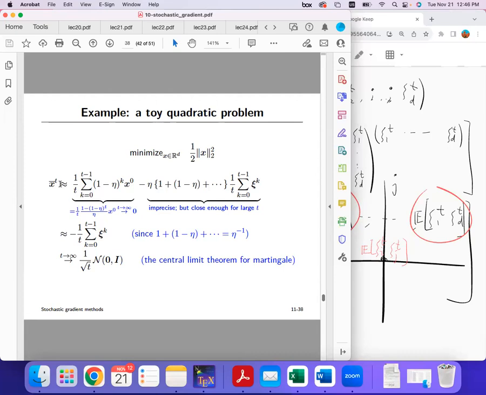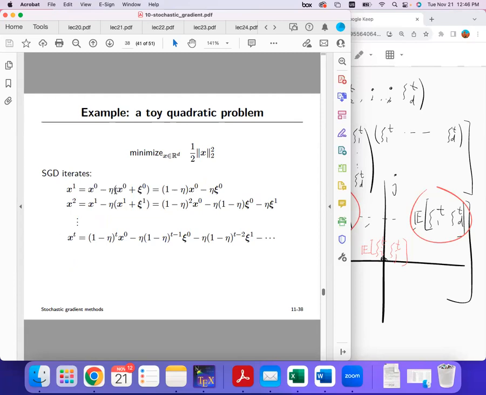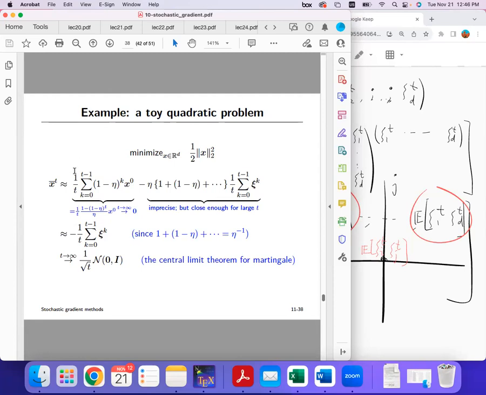And this is an approximated result because the original expression can be highly complicated. But the first term is exactly the average of the first term here, the average over k from 0 to t minus 1.